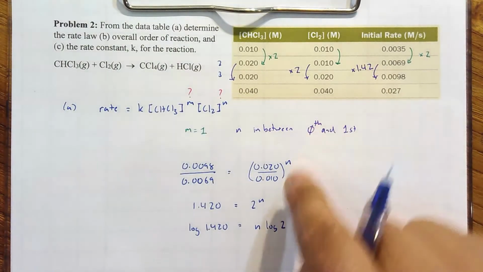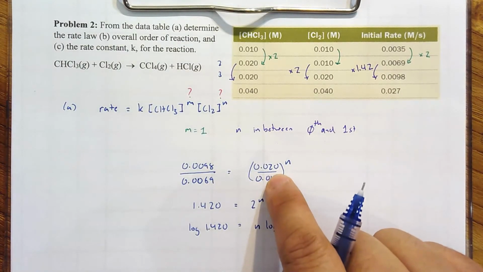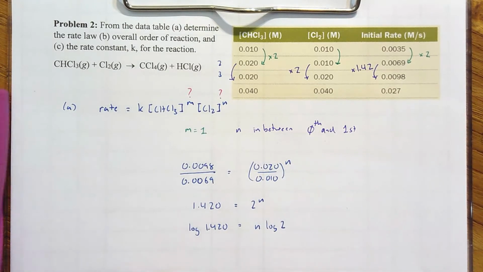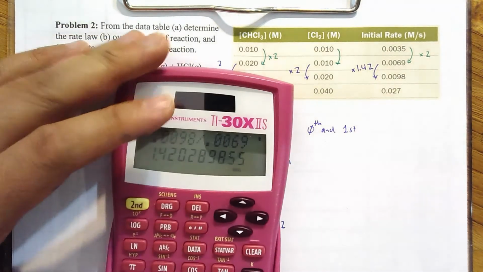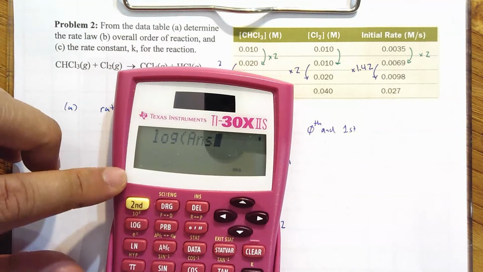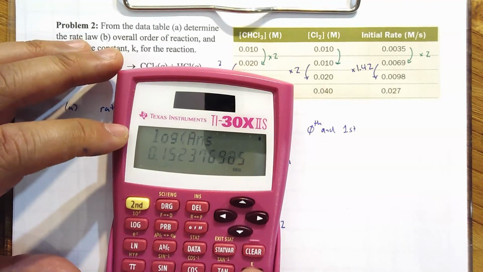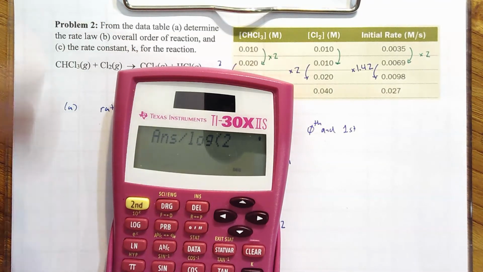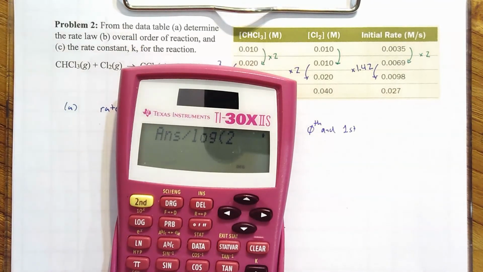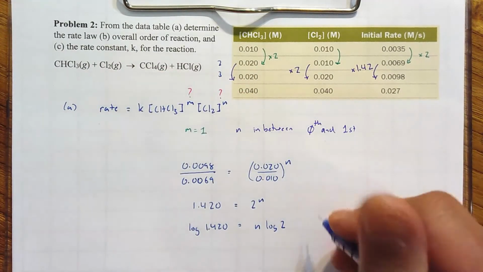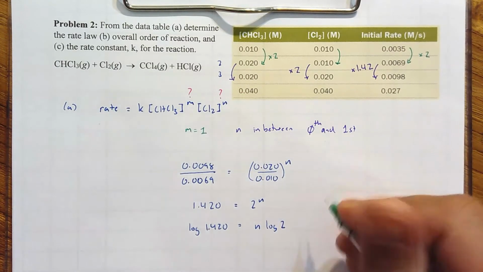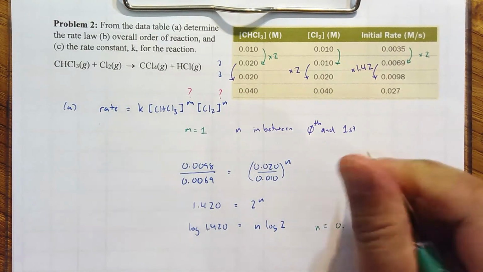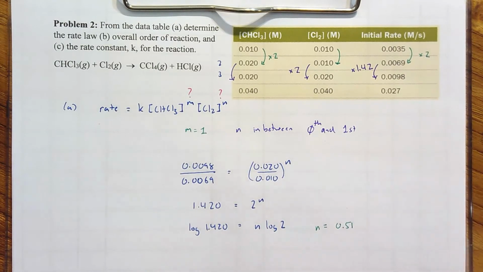It's because the concentrations, when you divide them, one is twice as big as the other. But anyway, log of that 1.4 number divided by log of 2. We're not going to get an integer, I don't think. 0.51. So n is about a half. N equals 0.51.